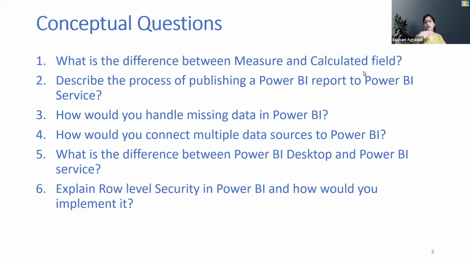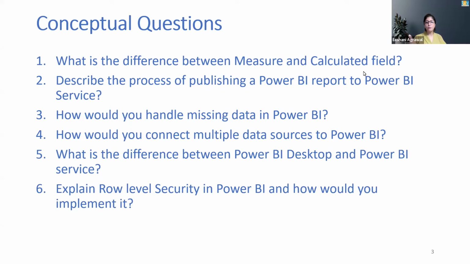Once you publish something in the Power BI Service, you assign roles to the corresponding email IDs of your team members, and they will only be able to visualize the data pertaining to their role. Because row level security means putting a filter on the row level and hence restricting the data.